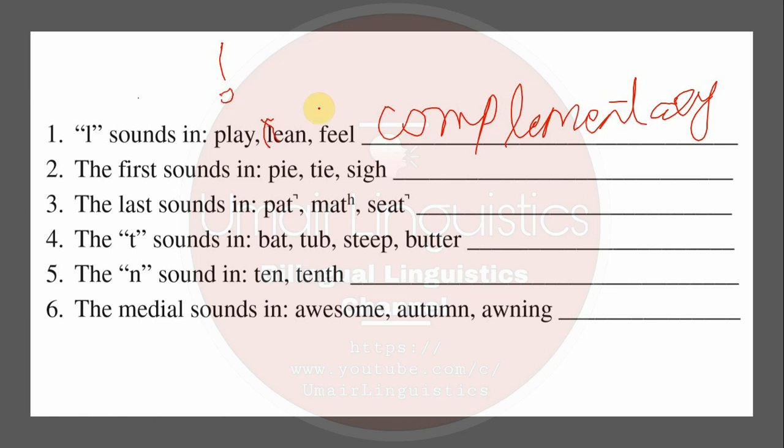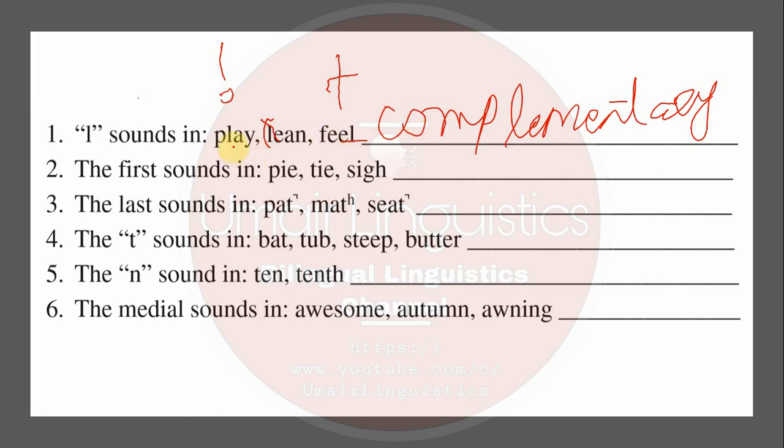But when L comes at the end of a word, the tongue raises to the velar. So this L is transcribed in this way, and this is known as velarized L. Therefore the L sound in these words has complementary distribution, because L is not voiceless.